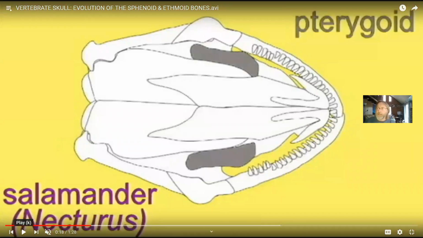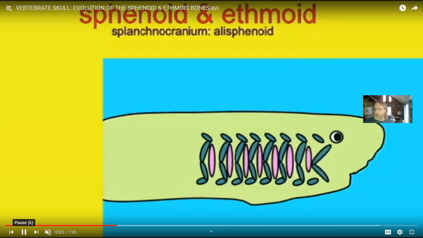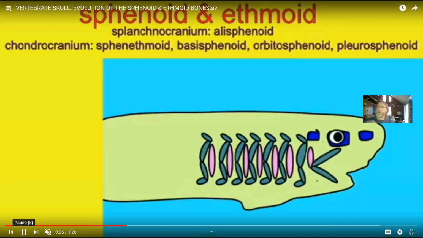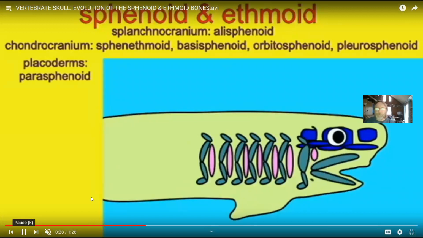And thus, when we look at the skulls of more primitive vertebrates, like a salamander, here you might see a pterygoid. What is a pterygoid? Well, the human sphenoid bone has a pterygoid process. So the pterygoid is a separate bone in some of these more primitive animals, and it forms part of our composite bone.